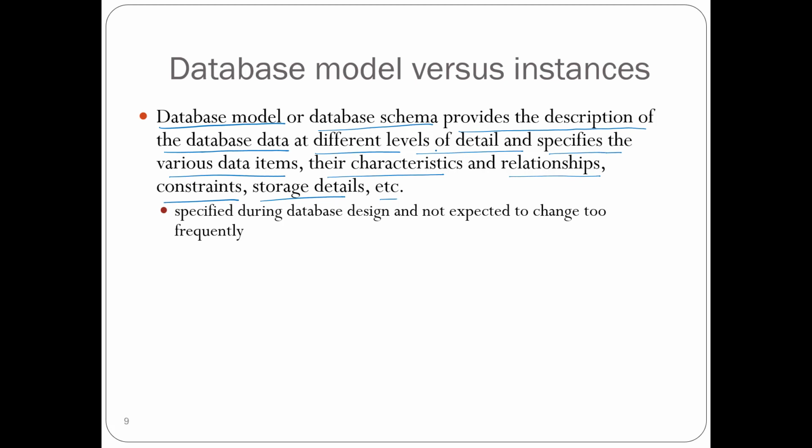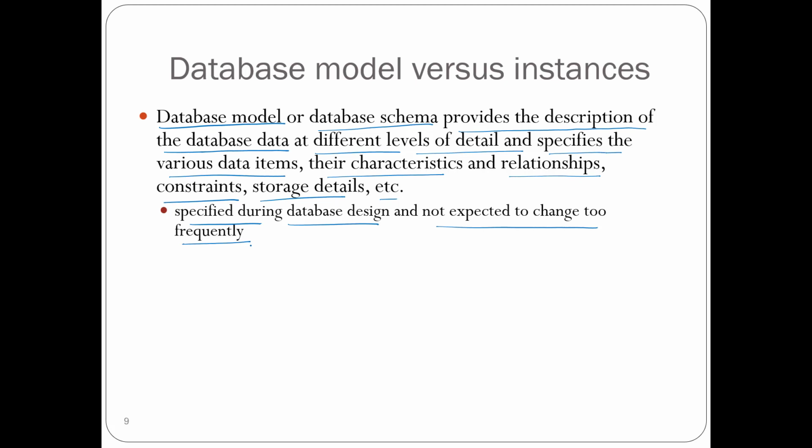When you're designing a database, the database model is specified during the database design, and this database model does not change too frequently. Just bear with me. These definitions might sound a little intense, but they are not.